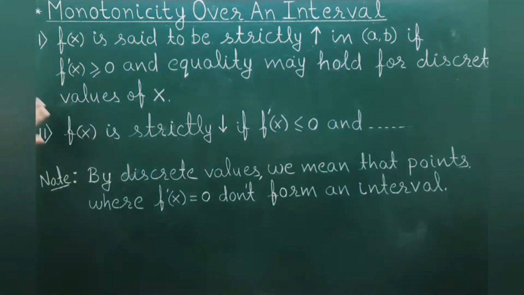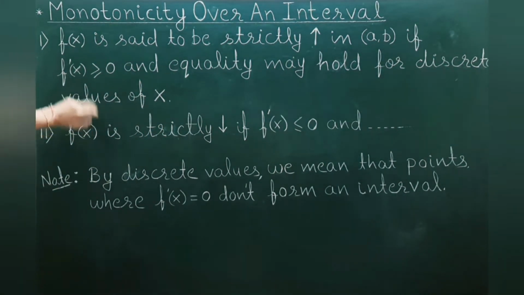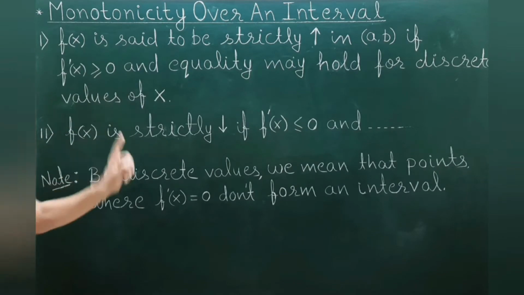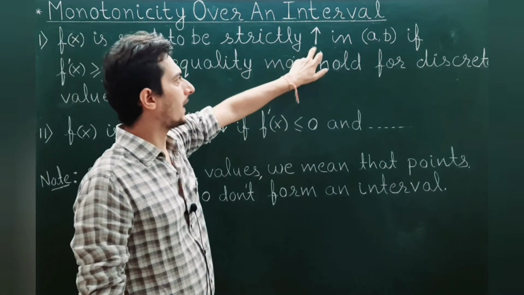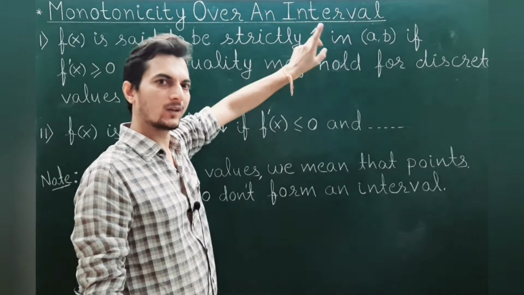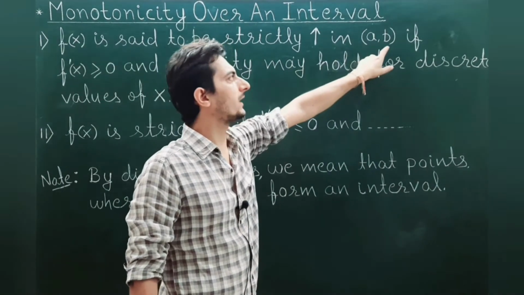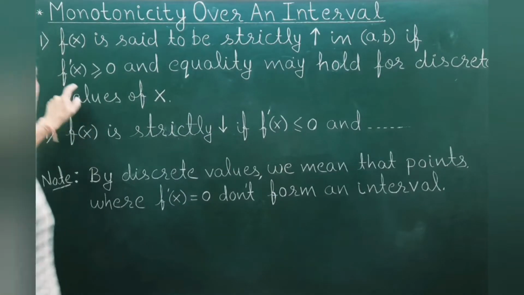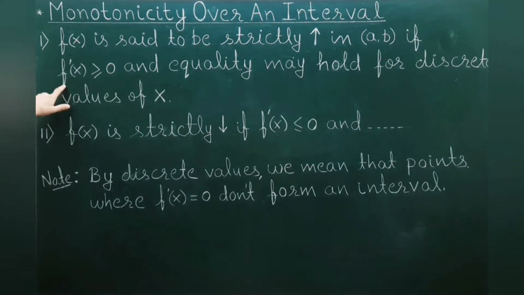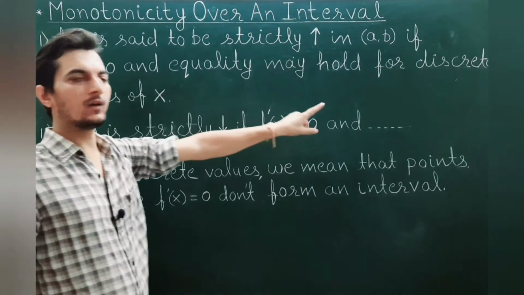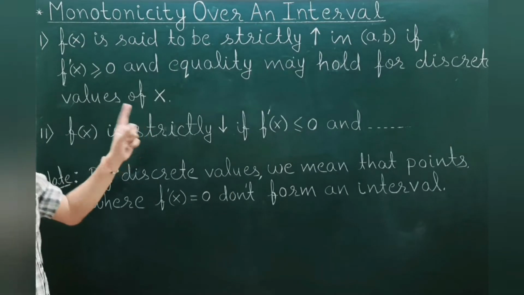It has two simple points. The first one says that f(x) is said to be strictly increasing, I hope you remember this arrow up for increasing, in the open interval (a, b), if f'(x), this is the important condition, if f'(x) is greater than or equal to 0 and equality may hold for discrete values of x.